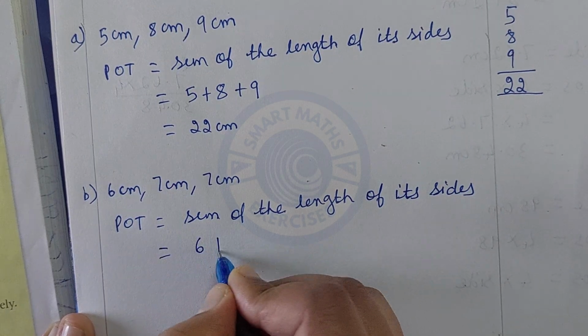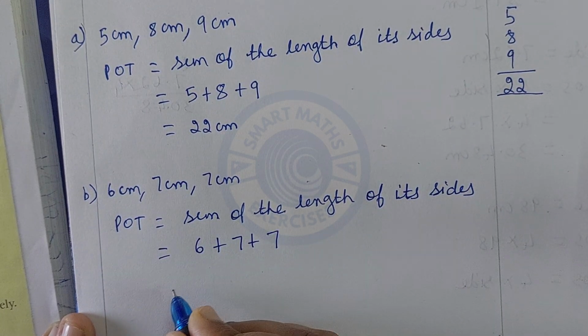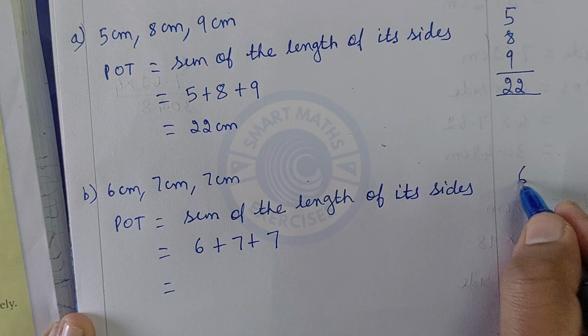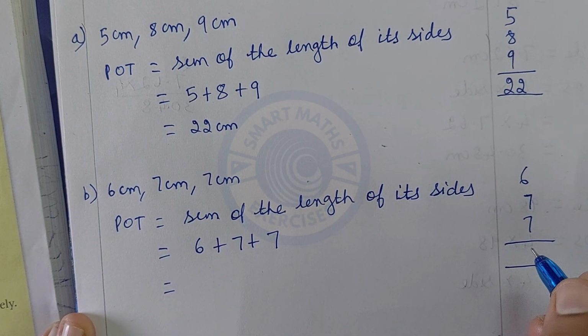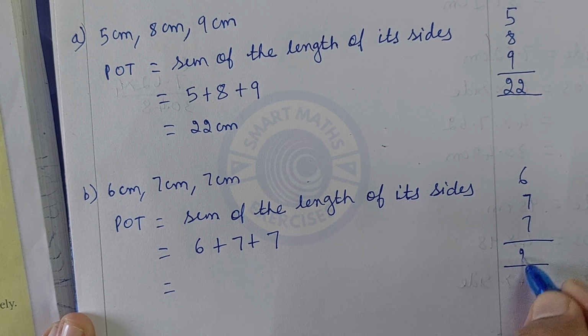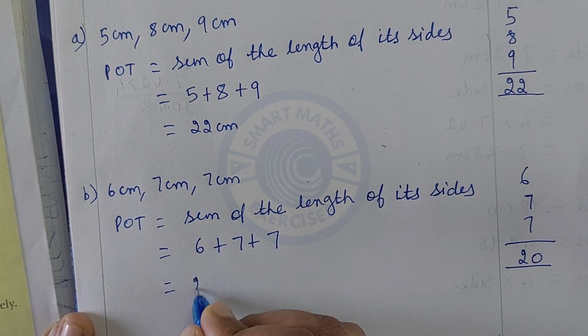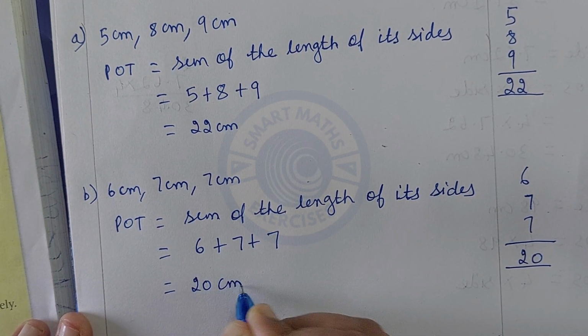So add 6 plus 7 plus 7. 6 plus 7 plus 7 is 20. So answer is 20 centimeter.